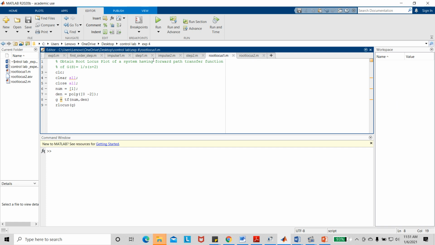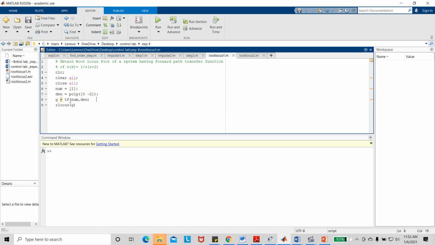close all is used to close all the previous figures. After that, we assign the numerator of G(s) as 1, and the denominator of G(s) as poly of 0 and -2, for s and s+2. Then G is tf.